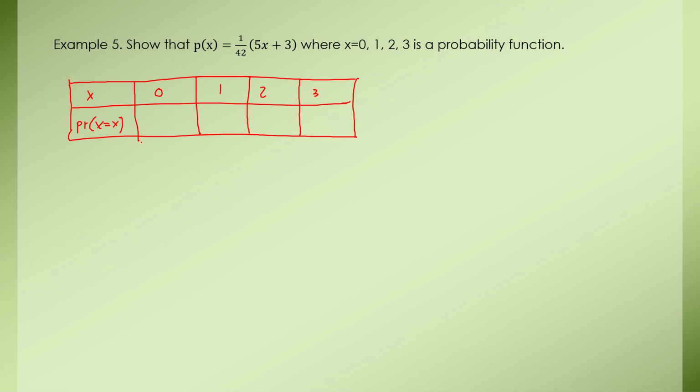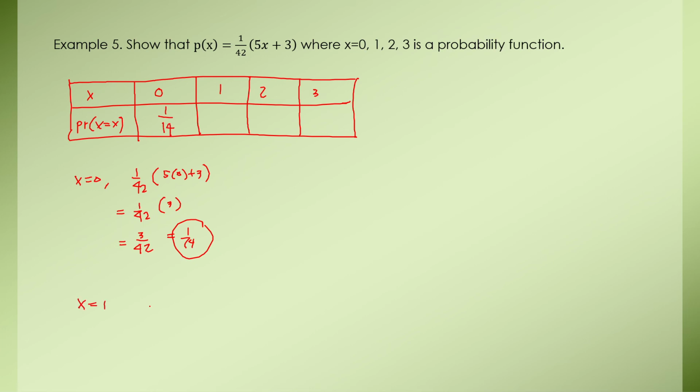So when x is 0, if we're going to substitute here, 1 over 42 times 5 times 0 plus 3. Therefore, this is 1 over 42 times 3. So therefore this is 3 over 42, which is equal to 1 over 14.